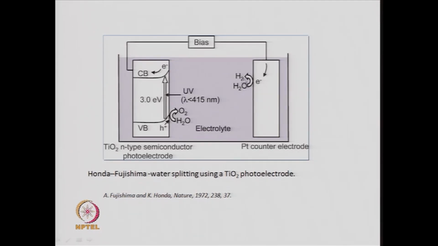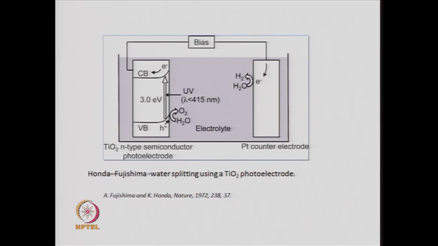So, you are oxidizing here, you are reducing here, and this hole is oxidizing water to oxygen, and here you are reducing the protons from the aqueous solution into hydrogen. So, the hydrogen is generated at the platinum electrode and the oxygen at the photoelectrode. Basically, 2 water molecules are getting used in this reaction and 1 mole of oxygen and 1 mole of hydrogen is produced.